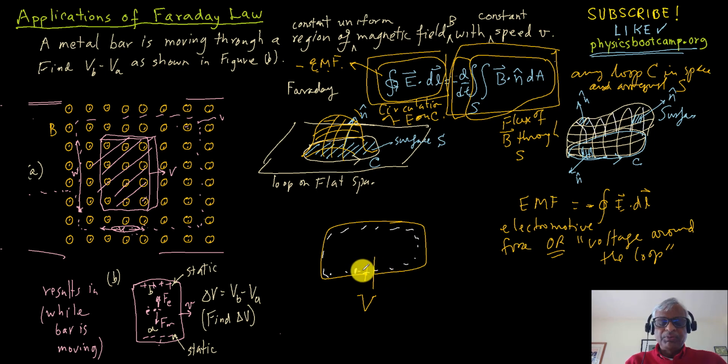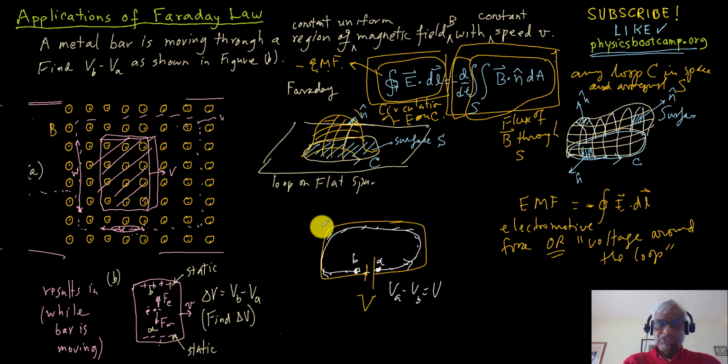If I go from here and don't cross the V, I get minus V, since delta V between A and B is VA minus VB equals V. If I cross it, then I'm at minus V and then get a 0.